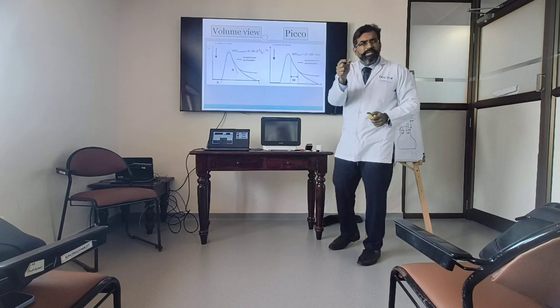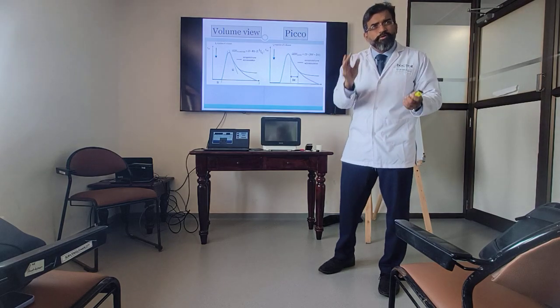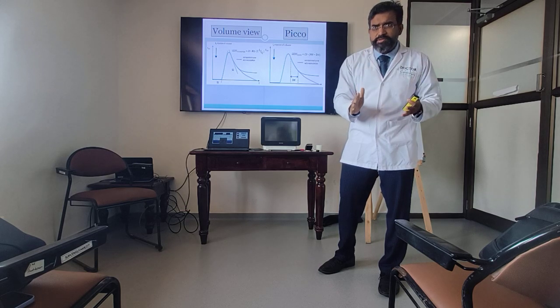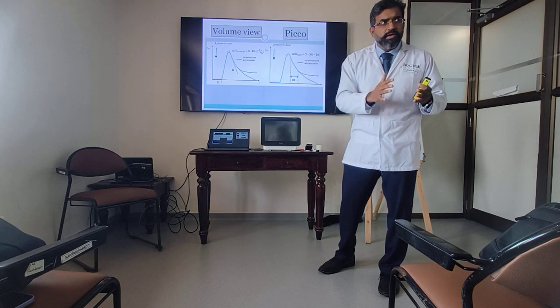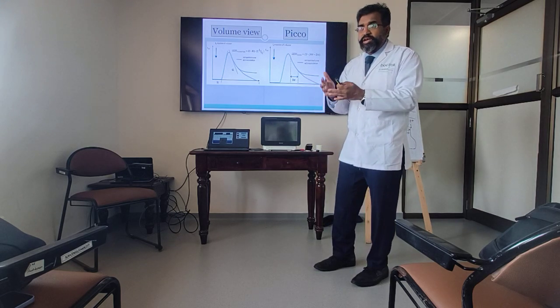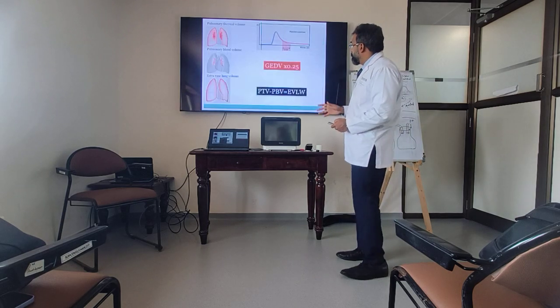So it's a small difference of just the algorithm. Don't confuse yourself. The VolumeView and the PiCCO are both transpulmonary thermodilution methods. The only difference between the PiCCO and the EV1000 is how it interprets the cardiac output and the global end diastolic volume. Clear? Otherwise, it's the same thing.